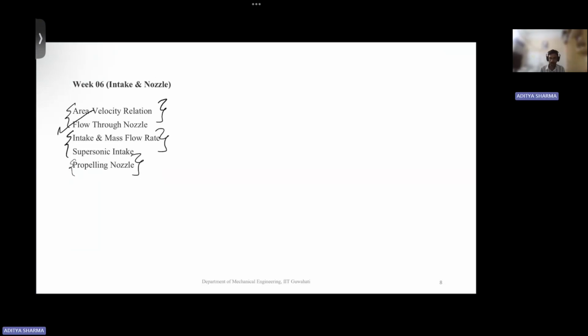Then intake and mass flow rate. So here aircraft engine intake has been discussed. It says that at high speed you'll have low mass flow rates, and at low speed you'll have high mass flow rates. Okay. And then for supersonic intakes, you have three modes of operation.